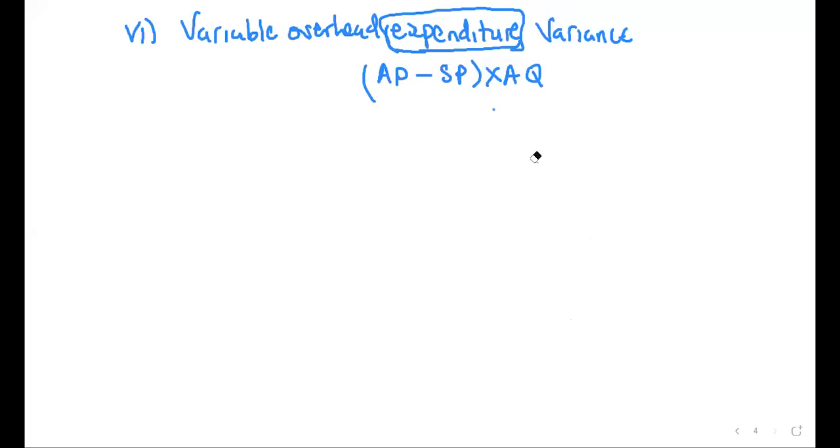So the actual is 3 Rand 5 cents minus 3 Rand. How much are we going to have here?